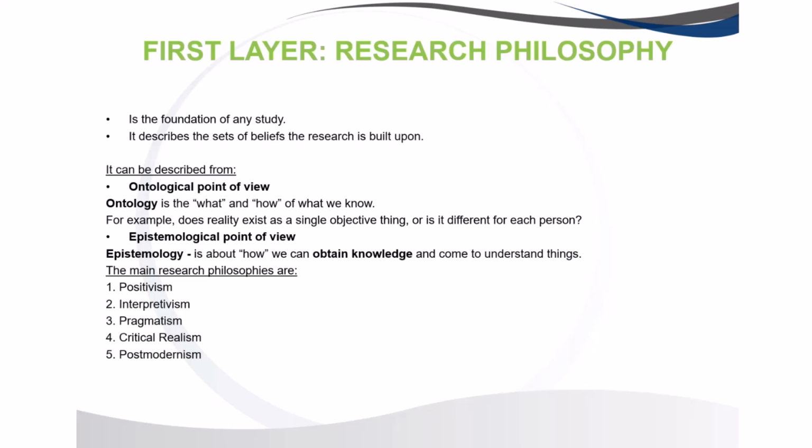And already, if you look at them at face value, they tell you something. Look at the second one, interpretivism. It already tells you that it is aligned to a certain research methodology. Definitely you cannot say interpretivism aligns to quantitative methods. It doesn't.